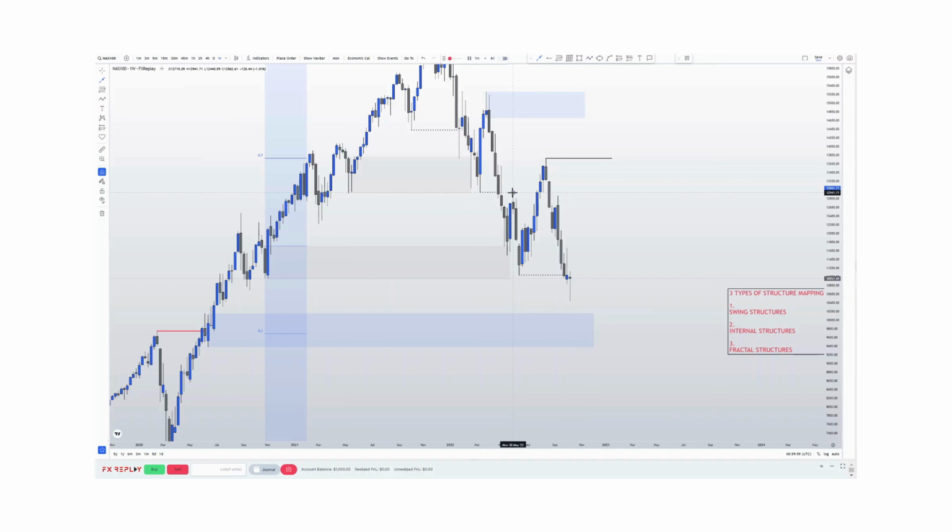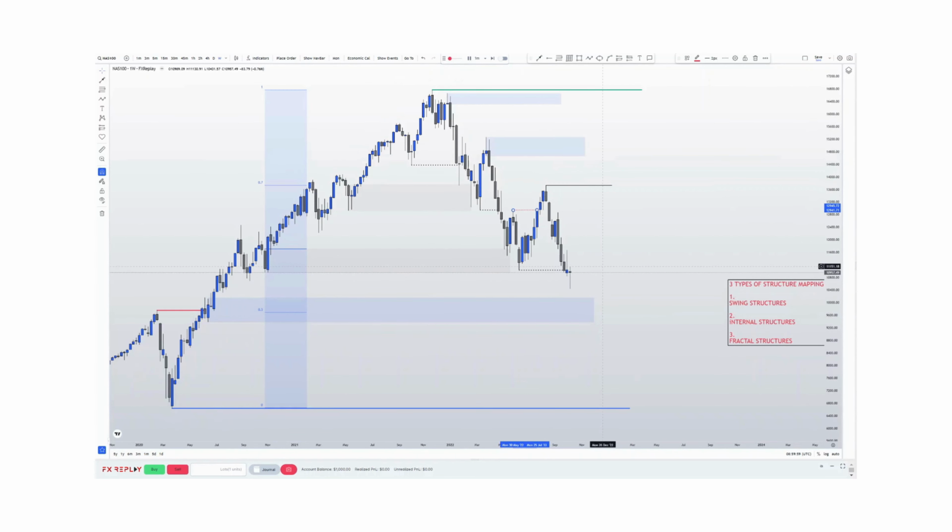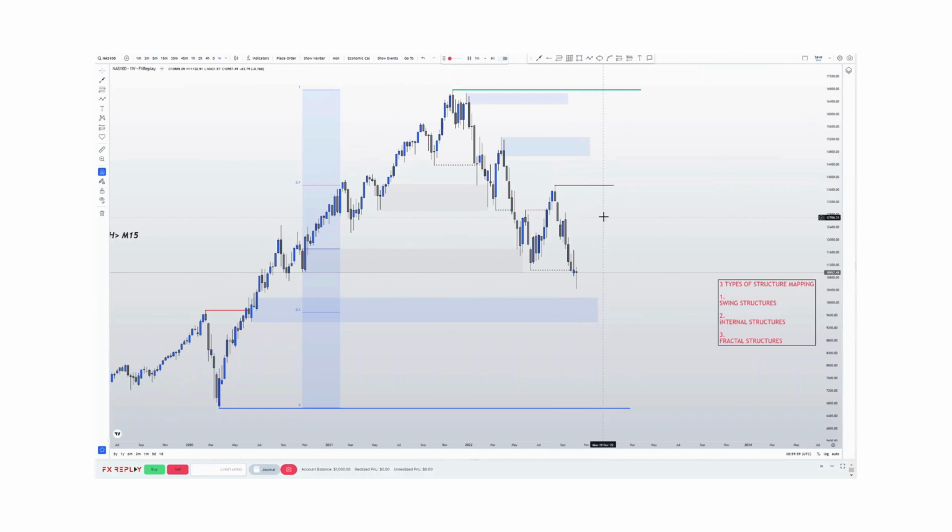So we have that as a fractal structure, which is symbolized by a chalk. It's a sign that we have a small minor pullback before the internal actually has its pullback. The fractal symbolizes the start of an internal pullback.